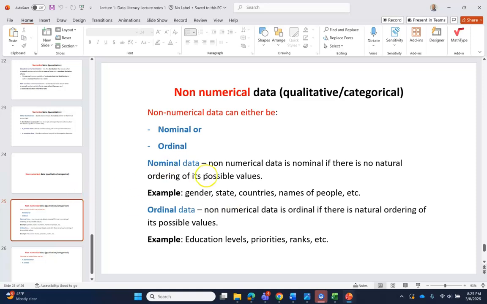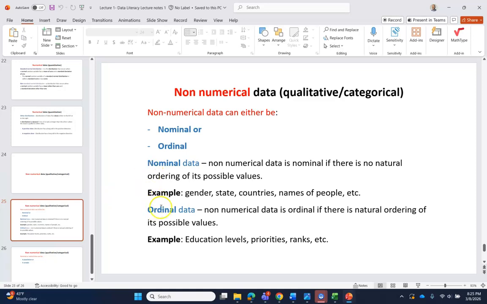But sometimes we may actually need to order them. And if we have to order, for instance, names of the people alphabetically, then that's what we call ordinal. It is no longer nominal data. So it's important to know when your data is nominal and when it's ordinal.